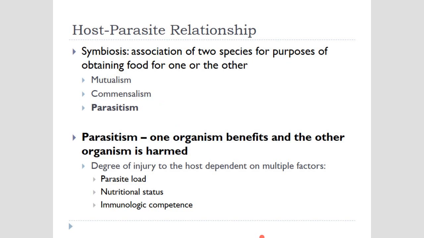Now, when we talk about parasitism per se, one organism benefits and the other is harmed. Because if that had not been the case, there would not be disease. So we get infection by a parasite.